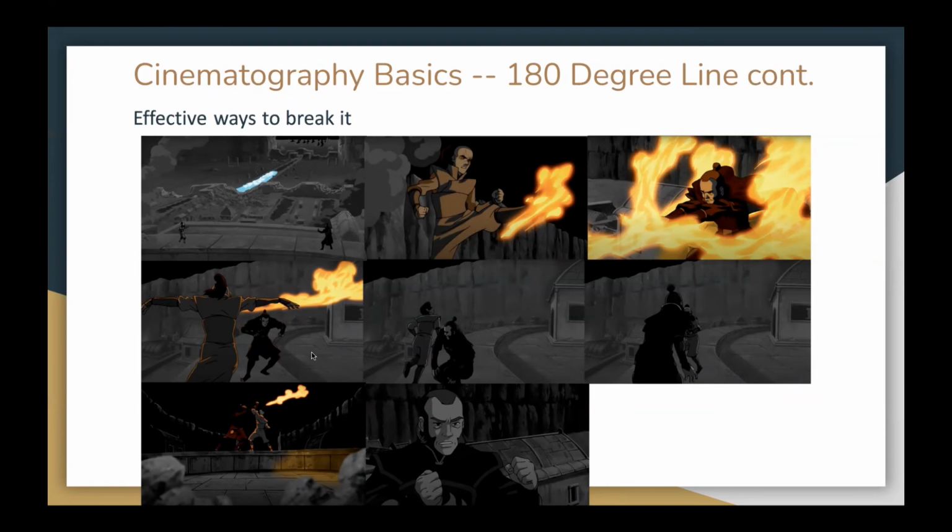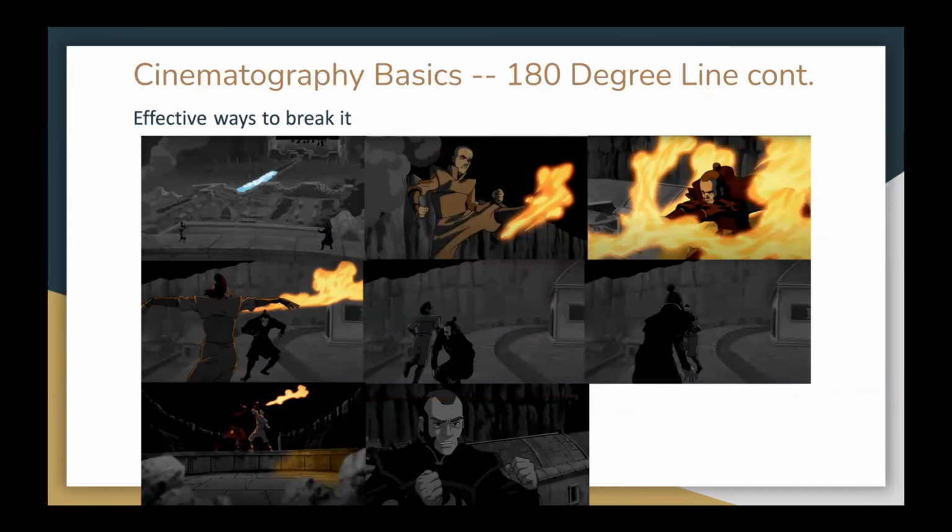And then the way they break the 180-degree line rule effectively is they show him still on the left, him still on the right, but then it shows one person physically passing the other, and then all of a sudden it cuts to a shot establishing this new 180-degree rule. And then of course it cuts to this new 180-degree rule. So that's an effective way to break that rule.